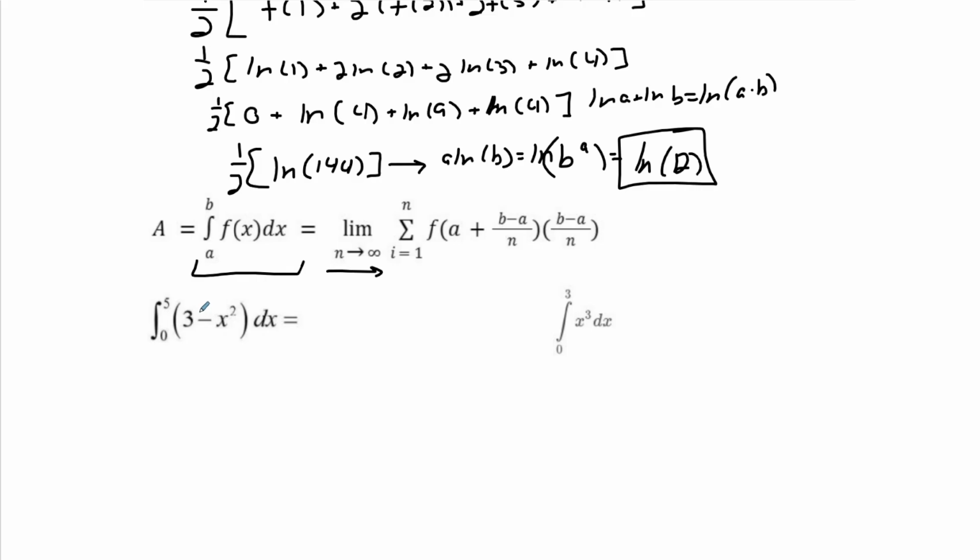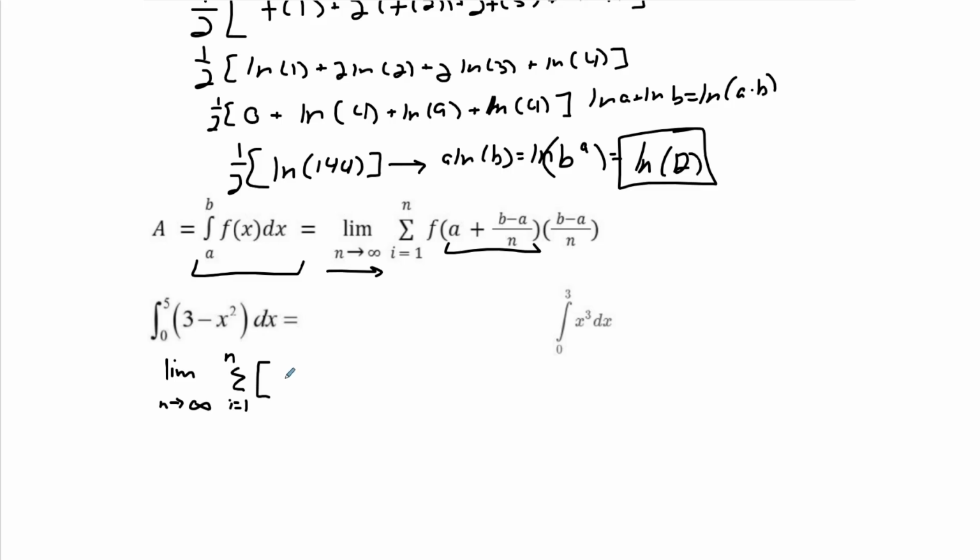So for this question, we are asked to write this as a Riemann sum. So all we have to do is write this as the limit of n approaching infinity, right? And then we're going to have a summation from i equals 1 to n, and then it's going to be f of a plus b minus a over n times b minus a over n, right? So what is f of this?